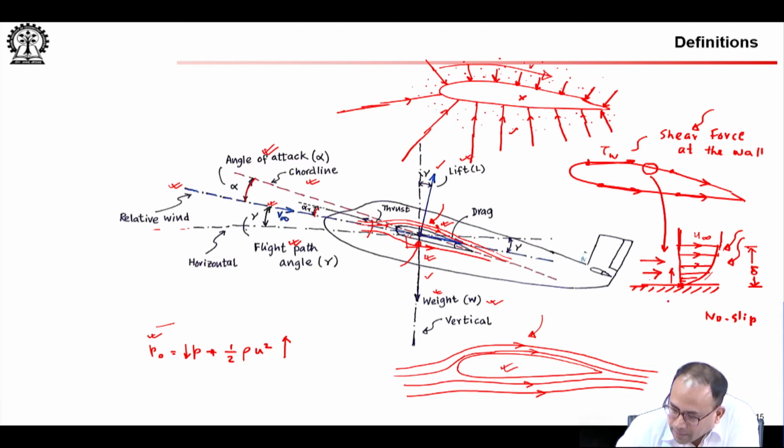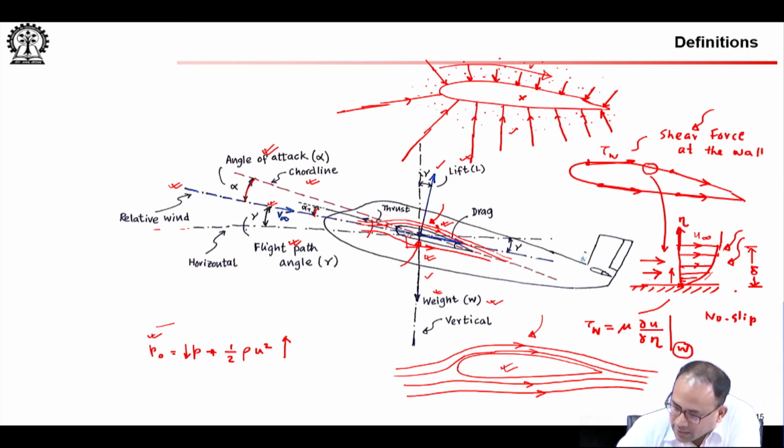It can be shown that the wall shear stress is given as, okay. So, the rate at which u is changing in the wall normal direction at the wall. Okay.